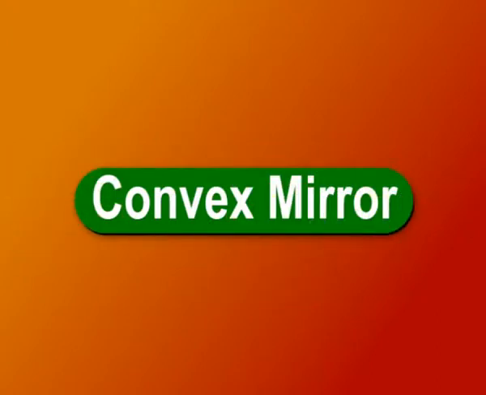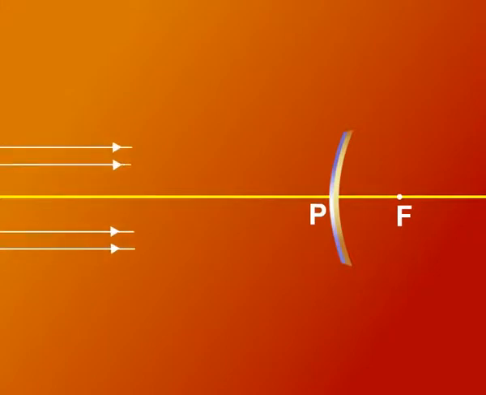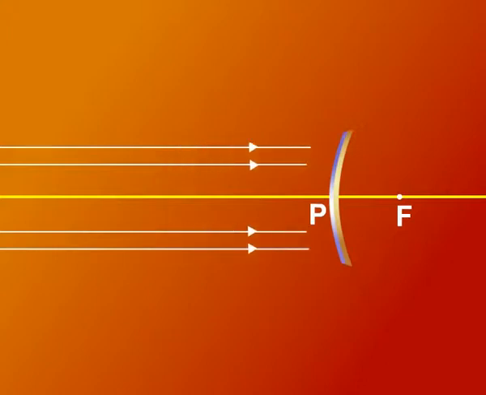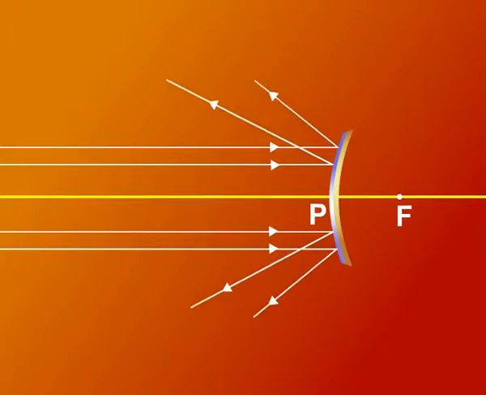For a convex mirror, when some rays of light coming from infinity and parallel to each other are incident on it, after reflection they diverge and appear to come from a point on the principal axis behind the mirror.